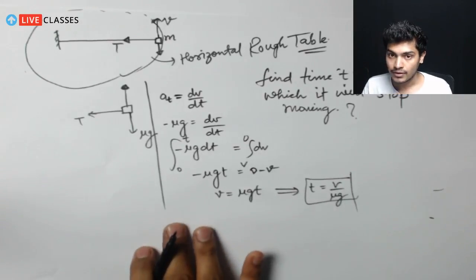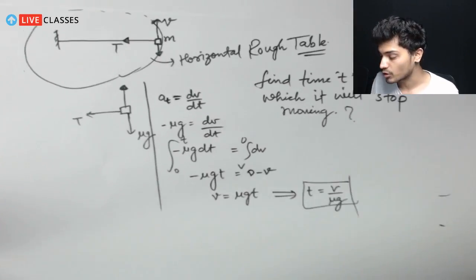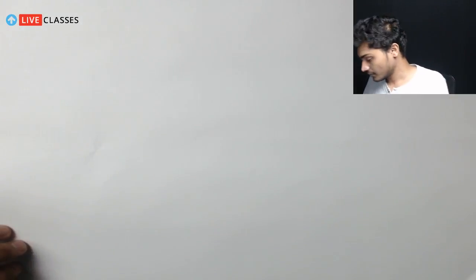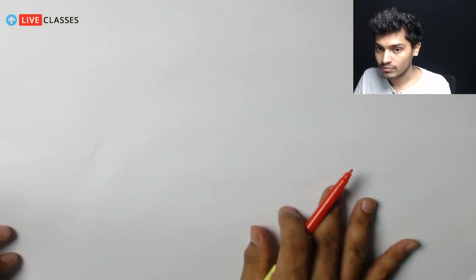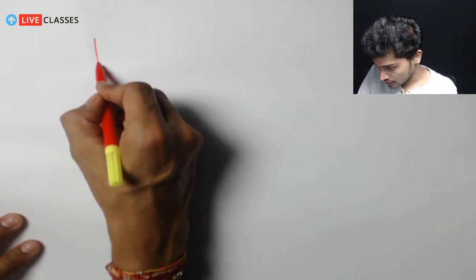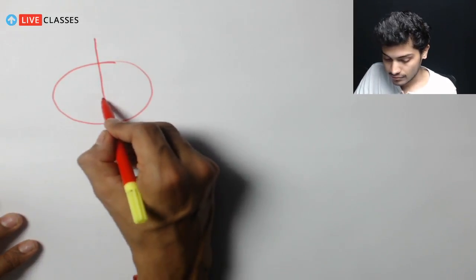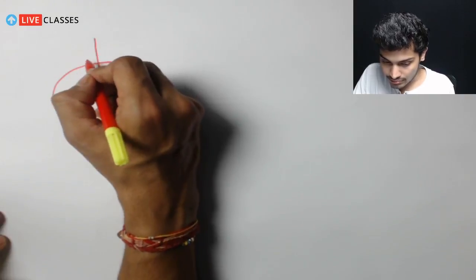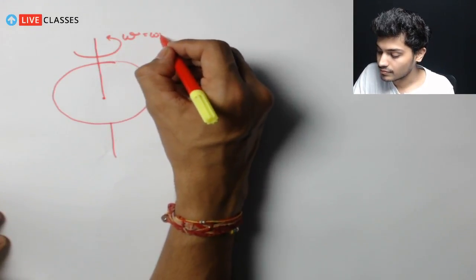Let's do one more similar kind of problem, but instead of tangential velocity, suppose there is some disk, and it is moving with constant omega.